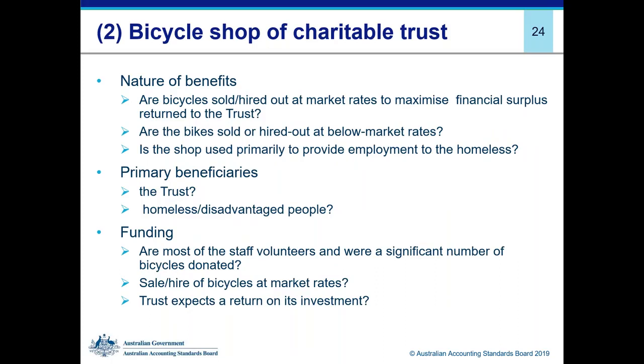The nature of the benefits. Are the bicycles sold or hired at market rates or below market rates? Does the shop provide employment to the homeless or disadvantaged? Or are they fully paid staff? So these different views of the benefits that the company might provide will reflect upon its classification as for-profit or not-for-profit.